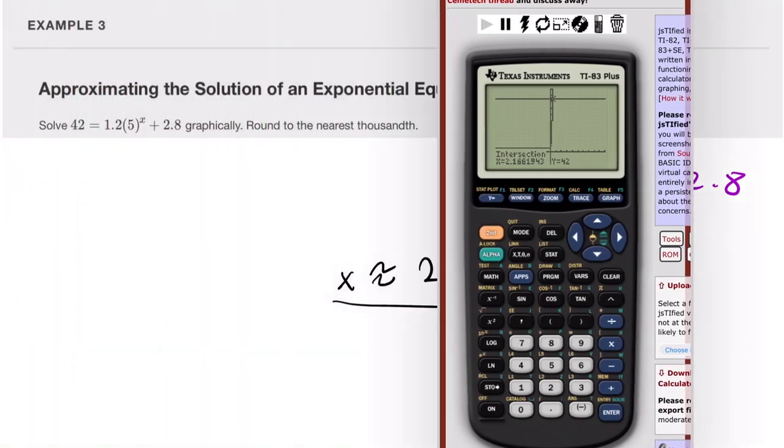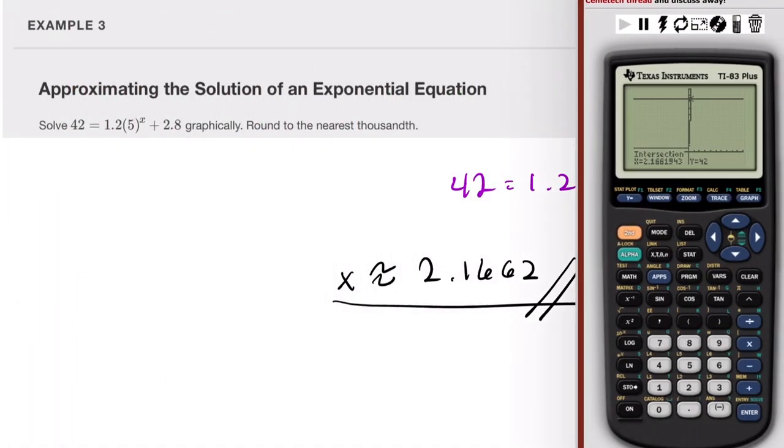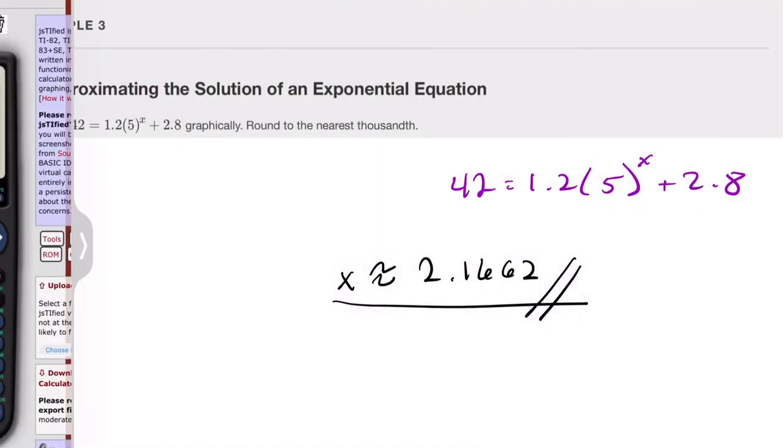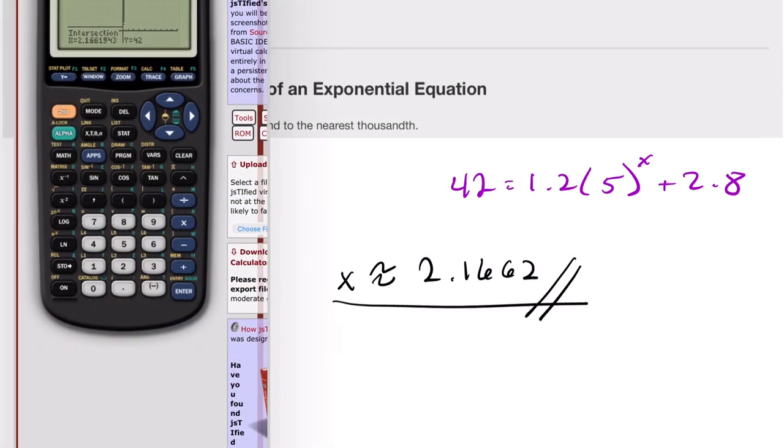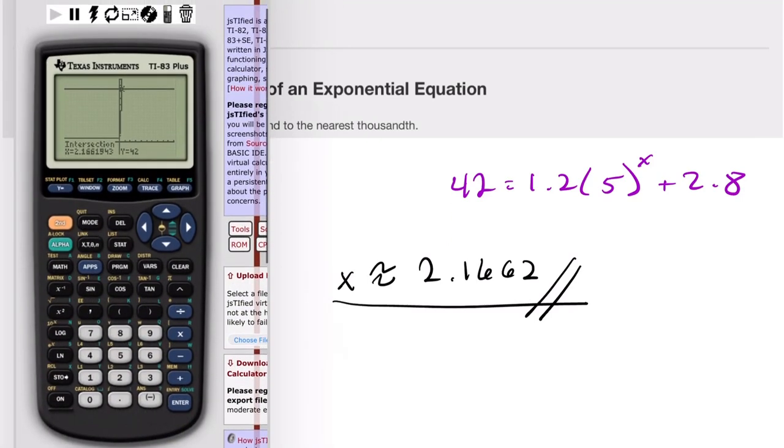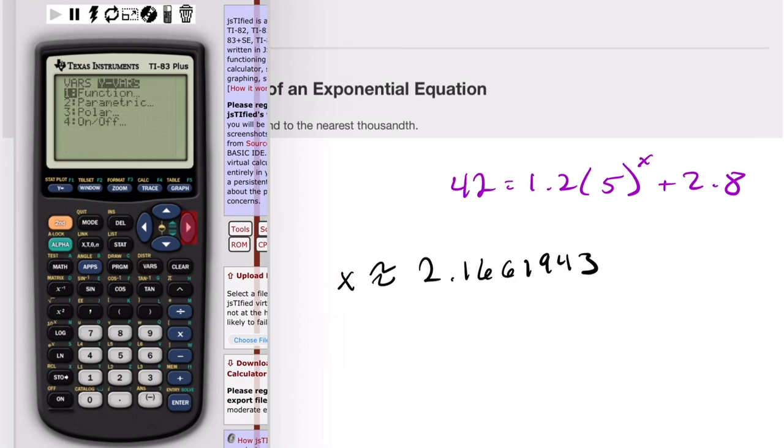So we're saying that when x is that value, it makes the original equation true. Again, this is an approximation. If I want to be more precise, I can write out the long decimal, all the way out, 2.1661943. Then I'm going to verify. I'll hit variables and try that again.